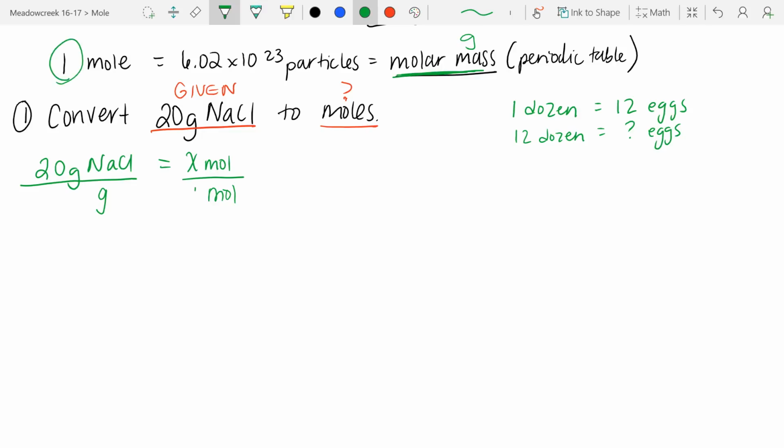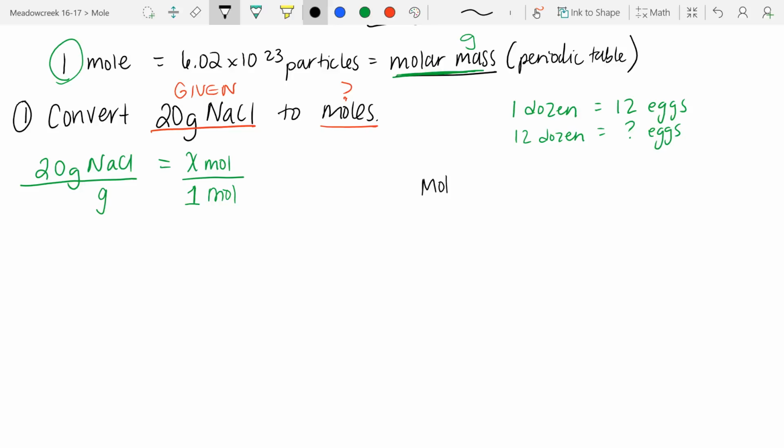So I'm always going to put the number 1 beside mole. Now, what number goes here beside my grams? Well, that is an excellent question, and we know what number goes there because we know how to calculate molar mass. The way we calculate molar mass is we're going to do that over here.